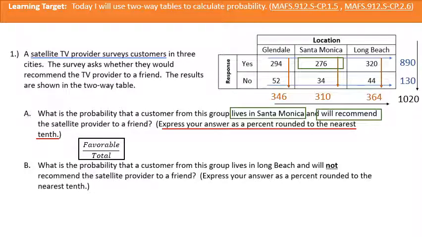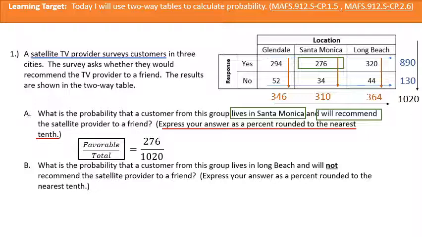So that probability, favorable outcomes over total outcomes, would be equal to 276 divided by 1,020. This is where you're going to need a calculator. I would just take that calculator and go 276 divided by 1,020 and leave it in a decimal form.